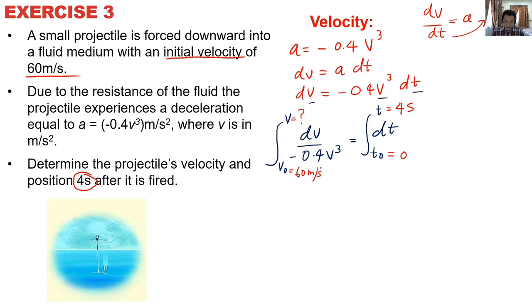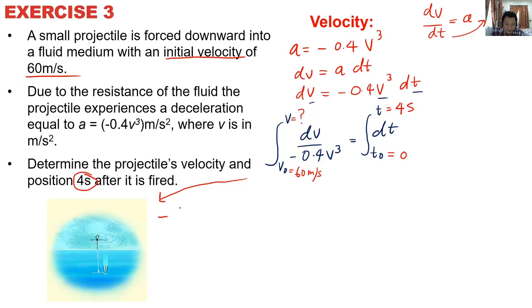Let's simplify it a bit. Negative 0.4, 1 over 0.4. I have to make space, so let's start over here.